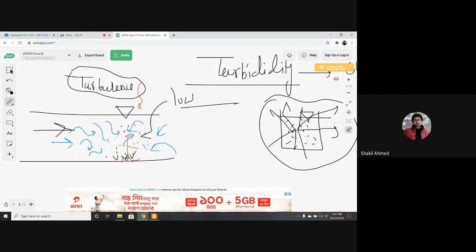Okay, high current. So higher is the turbulence, higher is the turbidity. Am I right? Yes sir. Higher is the turbulence, higher is the turbidity, because the suspended material or particulates which were previously settled down now will come back into the solution and will increase the turbidity. That's what they are telling here.